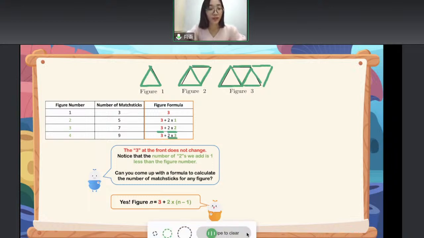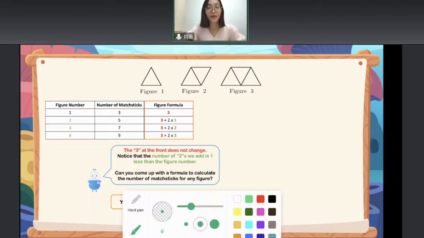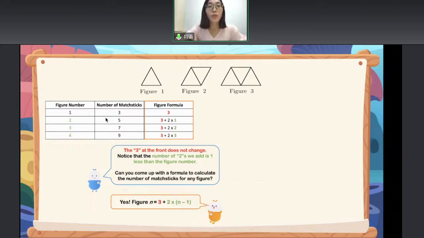And now, everyone, we can try to observe. Let's try to find the rule. You see that no matter which figure number it is, we always have a basic 3, right? So 3 here, we just mark it in red. And then let's try to observe. If it is figure 1, do we need to add any 2? No. So it should be 0. And what about if it is figure 2? How many 2 do we need?